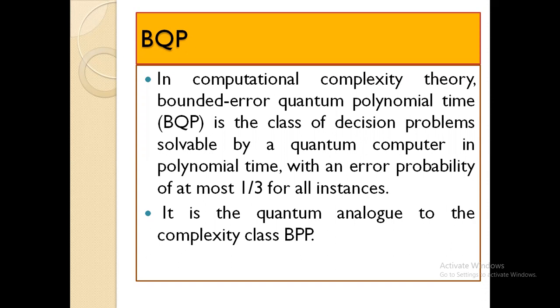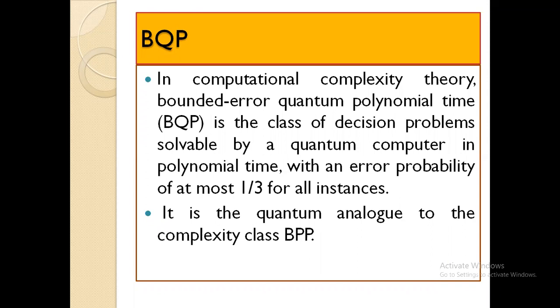You know that we have P problems and NP problems. P problems are polynomial time computable or solvable problems, and NP problems are non-polynomial time. Now these problems are solvable in polynomial time, and the error probability is at most 1/3.